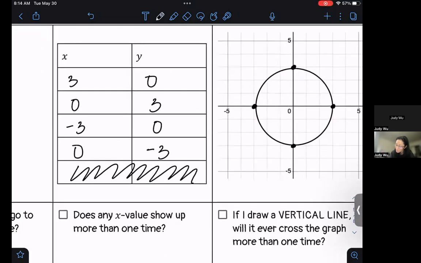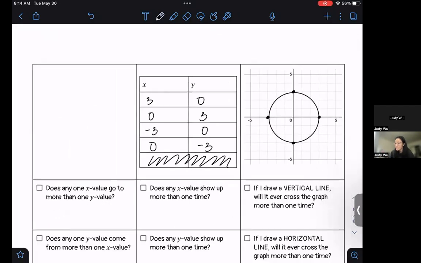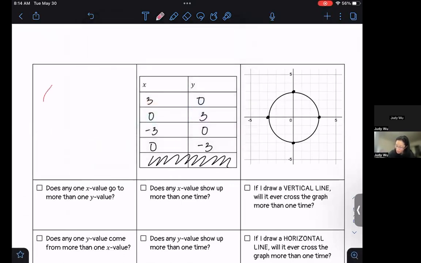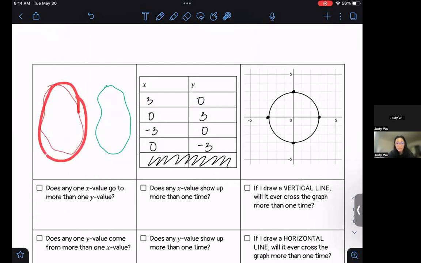All right, so we've got our diagram, we've got our table, and now we're going to go ahead and fill in our mapping diagram. So what numbers should I put in my domain?